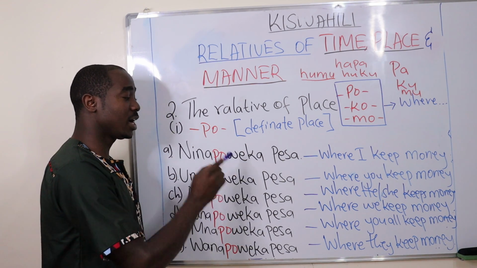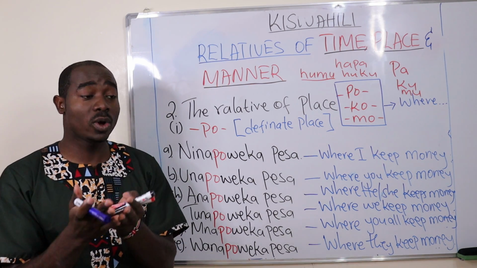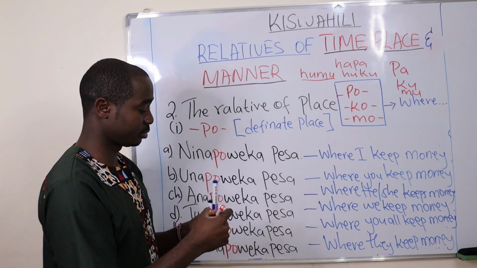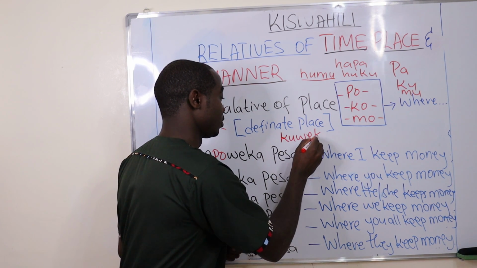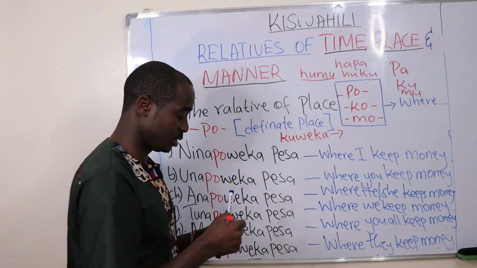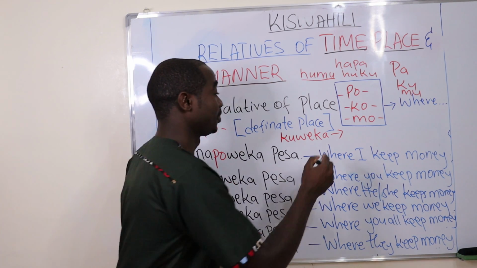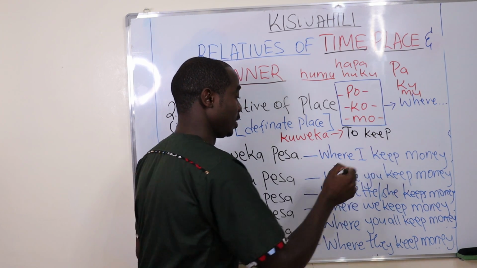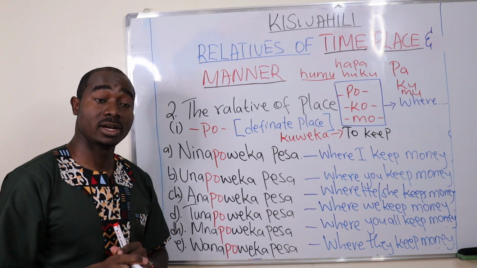Ninapoweka pesa. The verb is kuweka. This is to keep. So I say ninapoweka pesa.